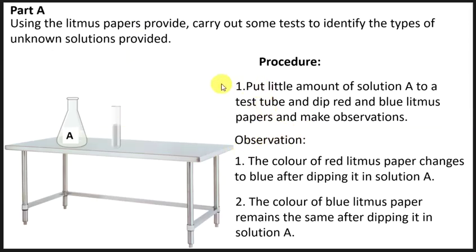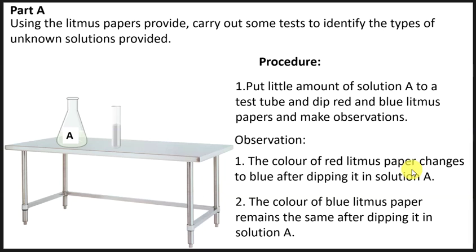For A, the observation was that the color of red litmus paper changes to blue after dipping it in solution A. On the topic of acids, bases and salts, one of the characteristics of acids is that they change blue litmus paper to red, and one of the characteristics of bases is that they change red litmus paper to blue.